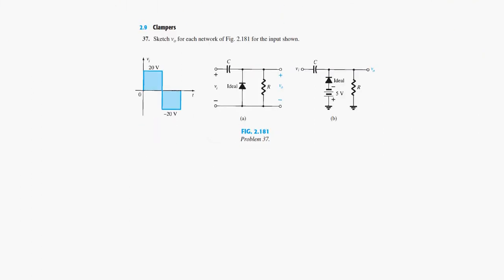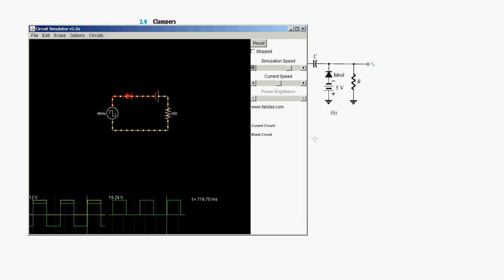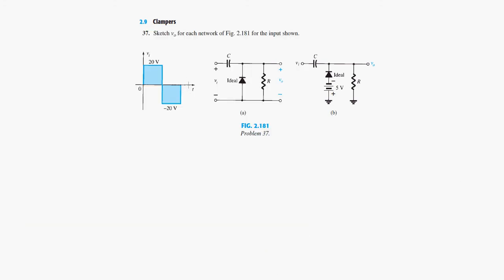Clamper circuits are very interesting circuits because they allow you to take an AC voltage and shift it either upwards or downwards. This is what clamping means. It means just to shift the voltage upwards or downwards. And for this we use capacitors. This is a very interesting circuit because we use the capacitor as a source of DC voltage to add up to the AC.